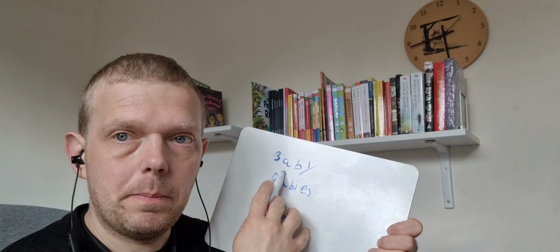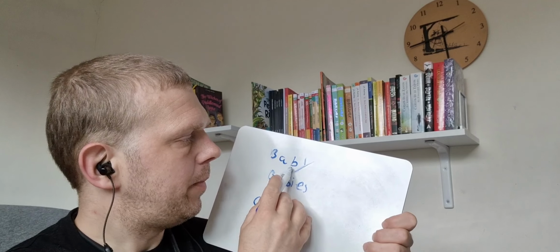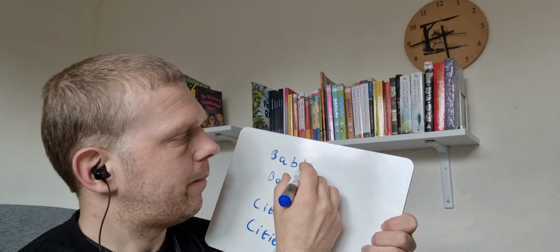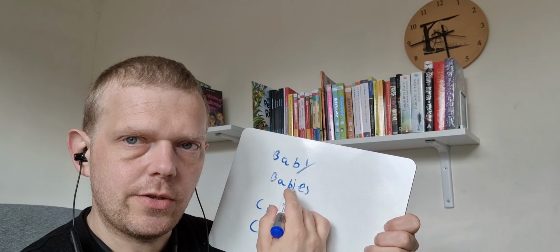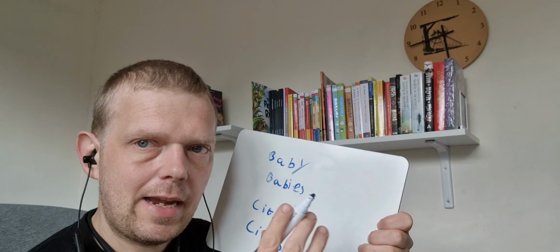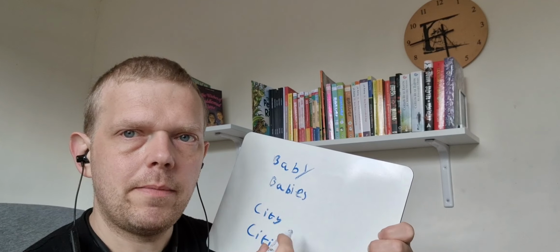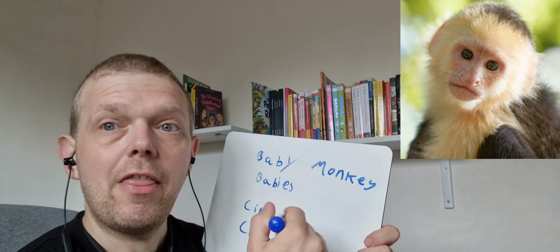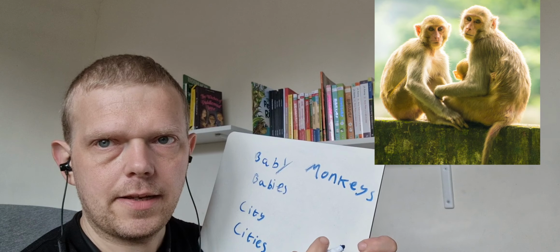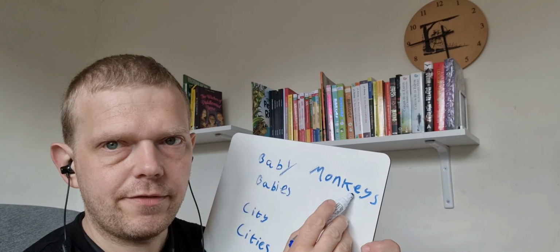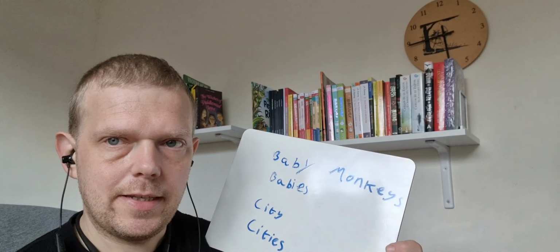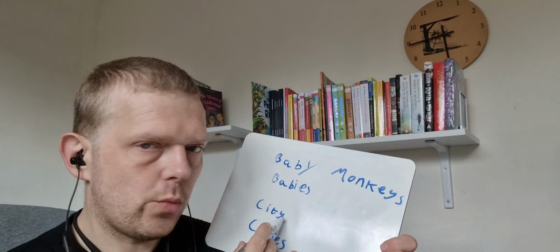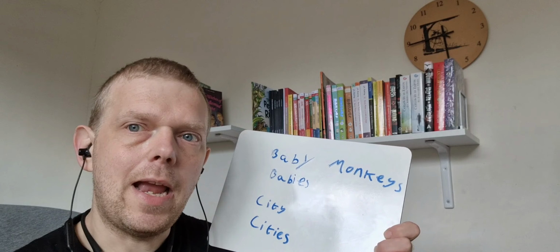For example, in baby, B is a consonant followed by the letter Y. It then changes to I-E-S. If before the Y there is a vowel, monkey, then you simply add an S for plural. If it's a consonant, like baby, city, then you change the Y to I-E-S.